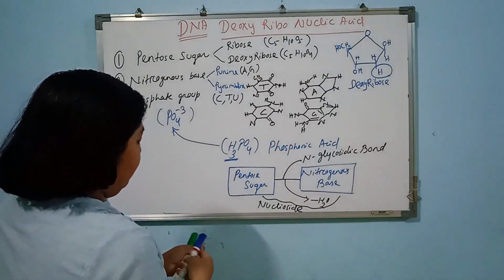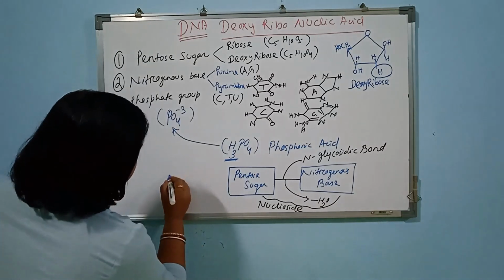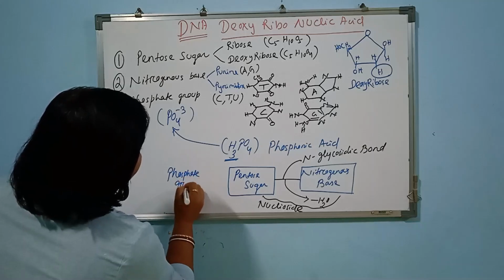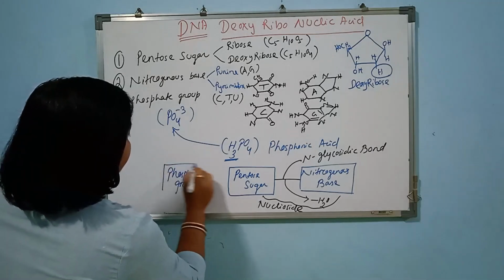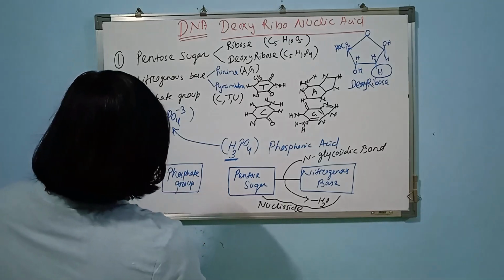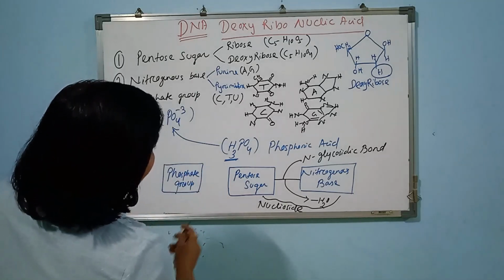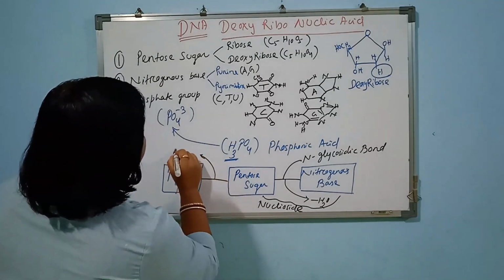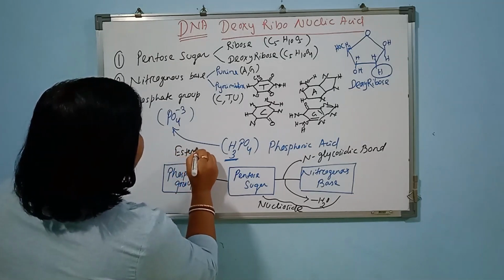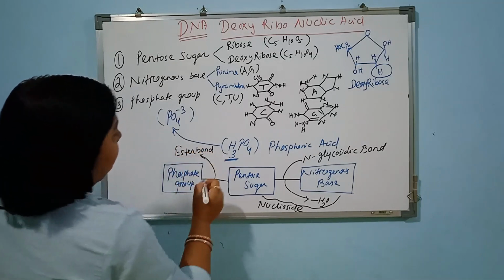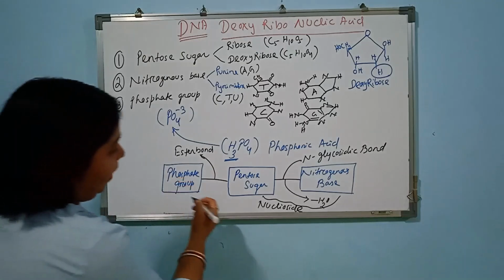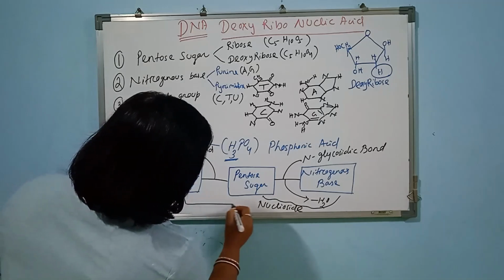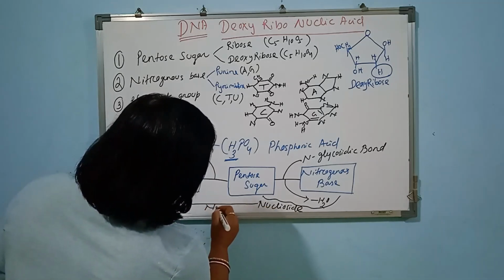And when this side makes a bond with this phosphate group, it will form another covalent bond, that one is an ester bond. And combinedly they will form a nucleotide.